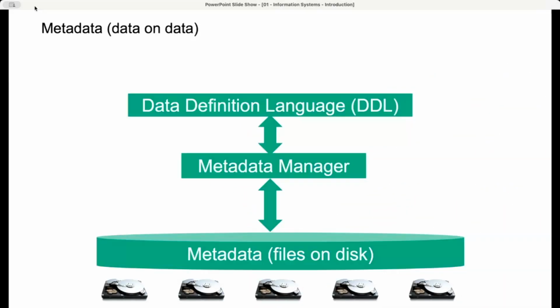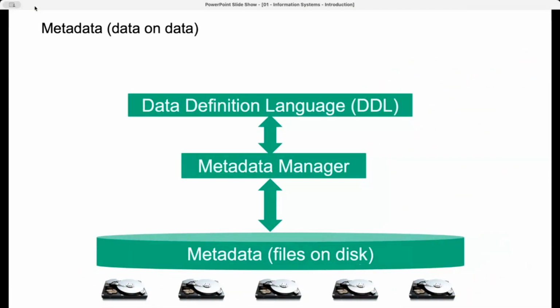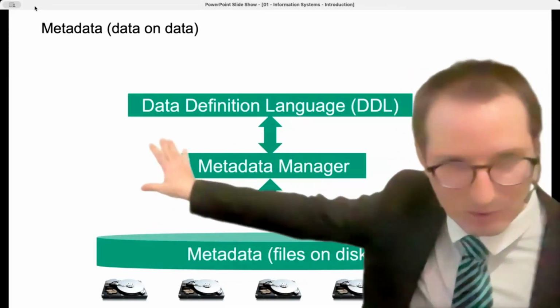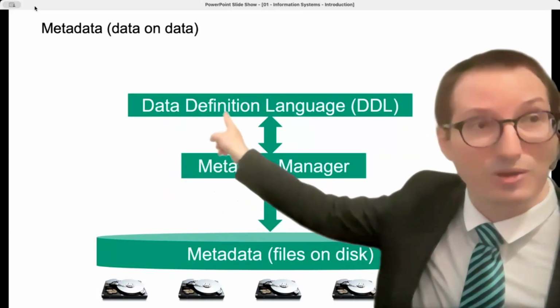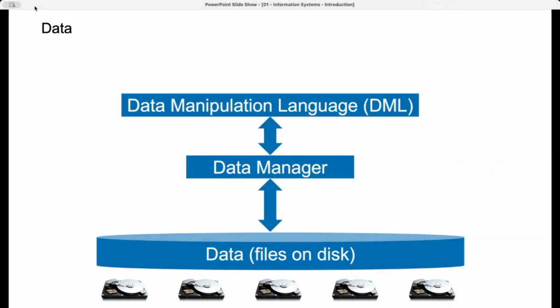The metadata is the same thing almost. I just swapped a few words here. The metadata is obviously also stored to disk, because you also don't want to lose that, right? There's a metadata manager, that's again PostgreSQL in the course. And then here is the data definition language. What's the difference? In the data manipulation language, you might say, give me all the cities of Switzerland that have between 2,000 and 5,000 inhabitants. That's data manipulation language.